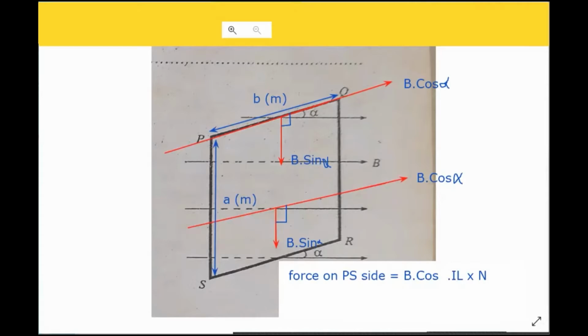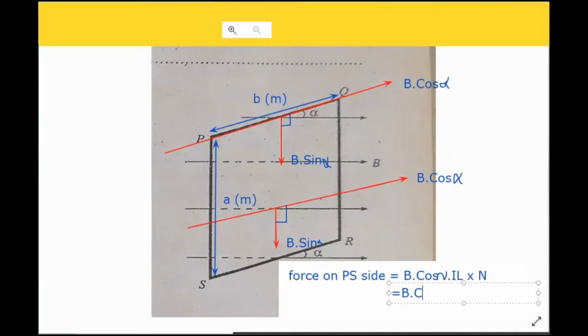The normal equation I have written is the perpendicular component of the magnetic field to the PQ side, which is B cos alpha. I have written B cos alpha ILN. But length is simple A. So we have to write one more step.